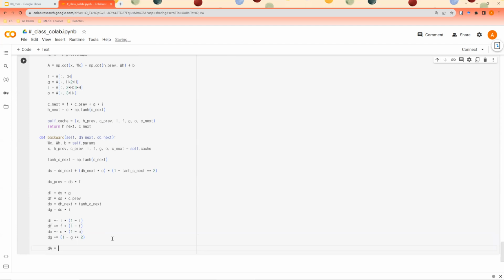After that, we stack dA. Then we can calculate the gradient of dWh. dWx becomes np.dot of x transpose and dA.